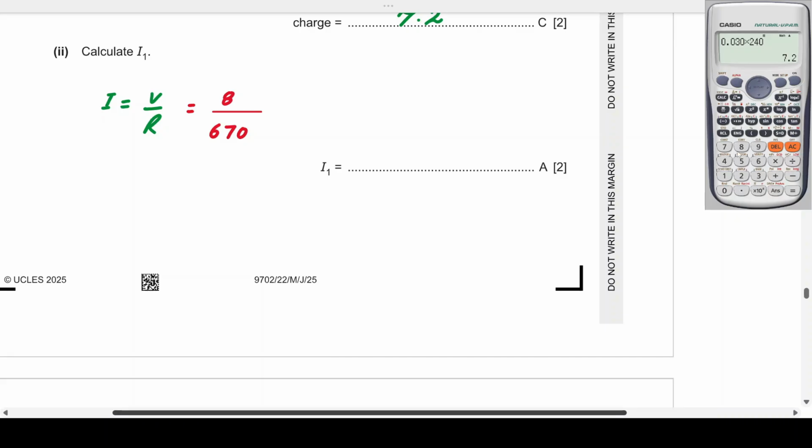Let's see what we get. 0.012 into SF. So 0.012 amperes flow through this one.